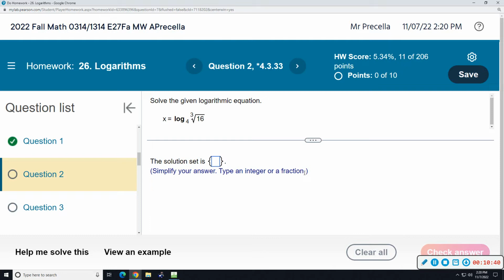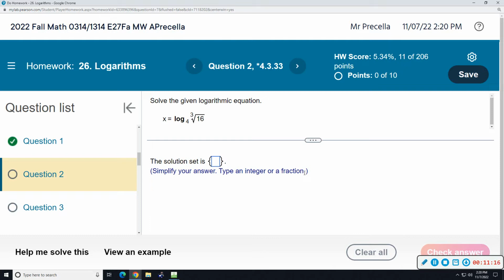We just want x equals a number. So what we're going to do is try to cancel out this log and little 4 by putting a big 4 right after it. So I'm going to start off with 16. How would I write that as 4 to a power? 4 to what power would give me 16? 2? Yeah.